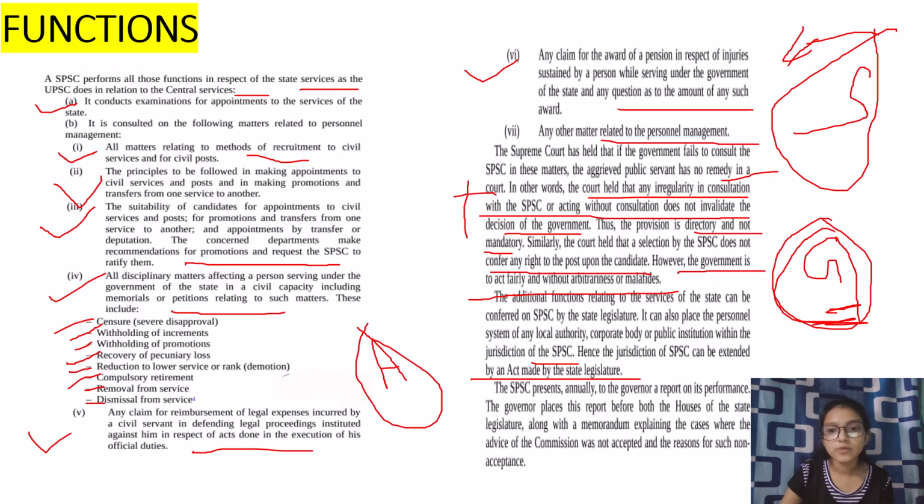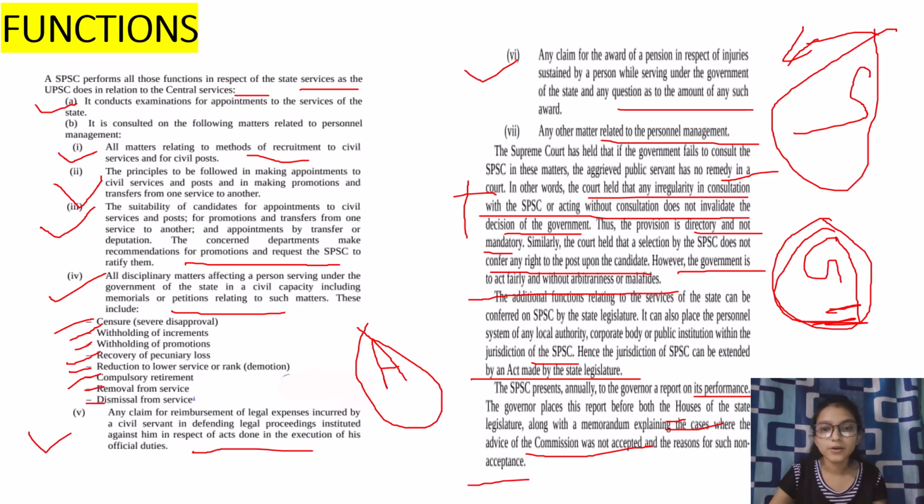The SPSC presents annually to the governor a report on its performance. The governor places this report before the house of the state legislature along with a memorandum explaining the cases where the advice of the commission was not accepted and the reasons for non-acceptance.